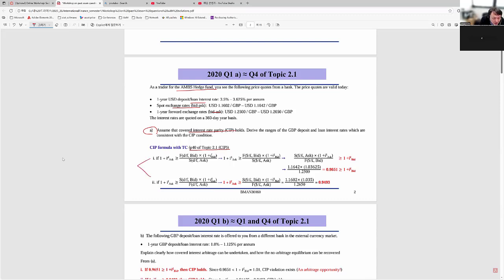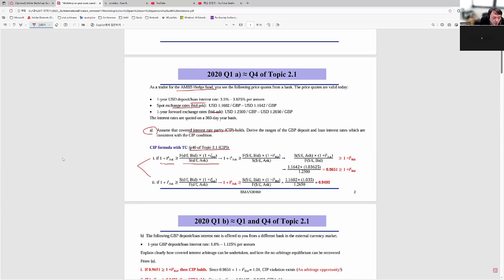So here D is currency D, F is currency F. We have two inequalities. Basically the first inequality says, if you borrow currency D, this is what you have to pay back after 1 year. On the right-hand side, once you borrow currency D, you can convert currency D into currency F. You can put that currency F in the currency F money market.